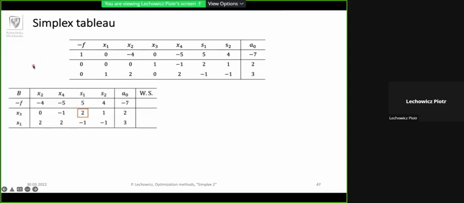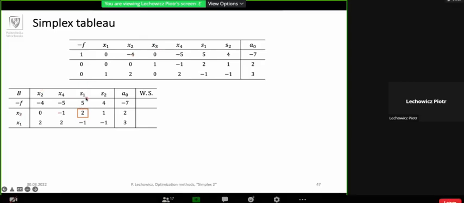So to give you an example how this works, let us write this in the form of a simplex table. So our base is x3 and x1, because here we have unit vectors. And we are selecting a certain free variable.